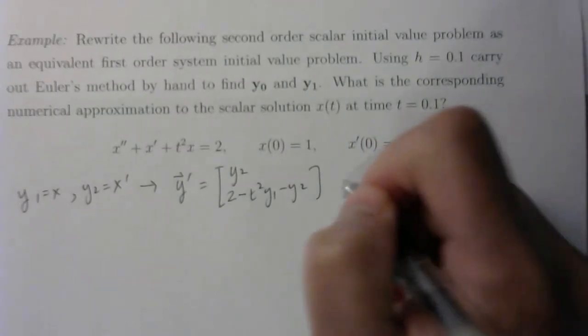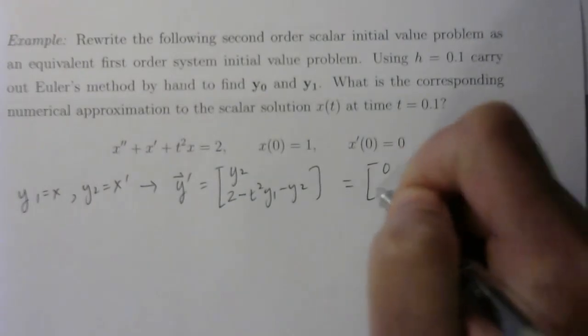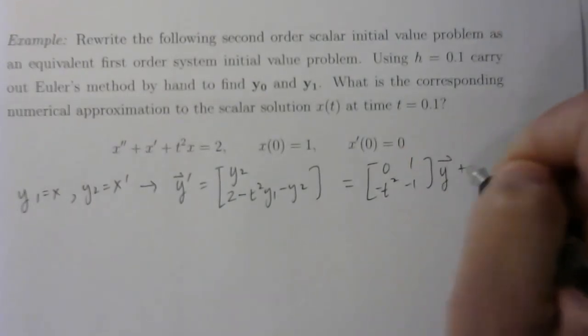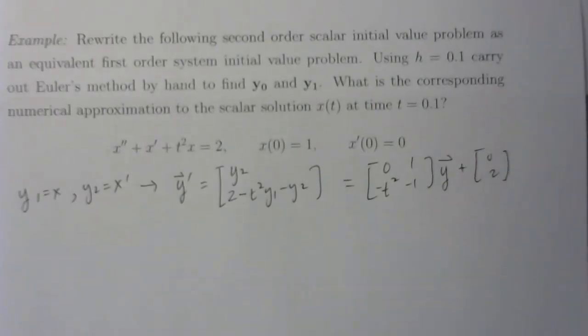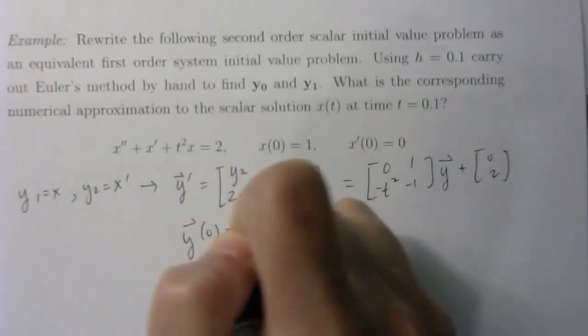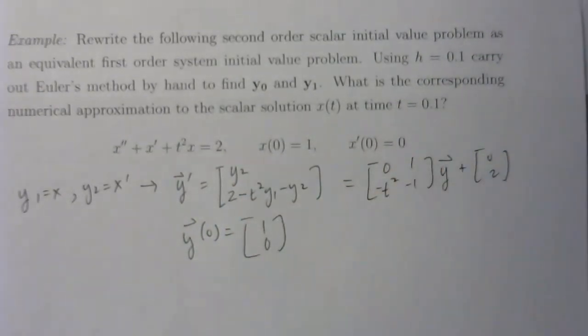Hopefully that's clear. So I can write this as a matrix: 0, 1, minus t squared, minus 1, times y, plus 0, 2. And the initial condition here should be 1 for the first element and 0 for the second element of y.